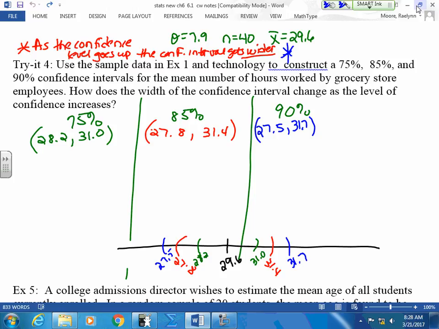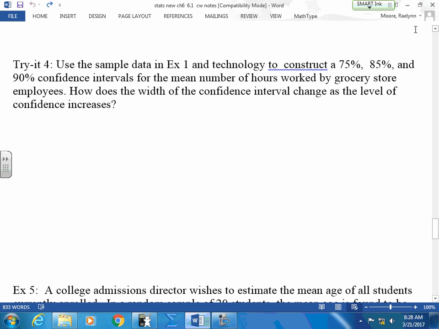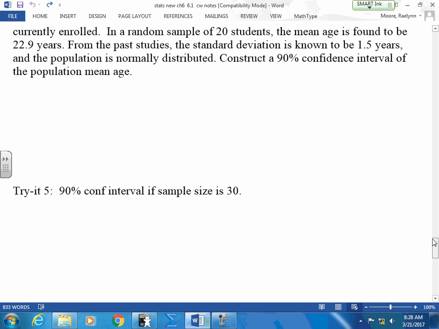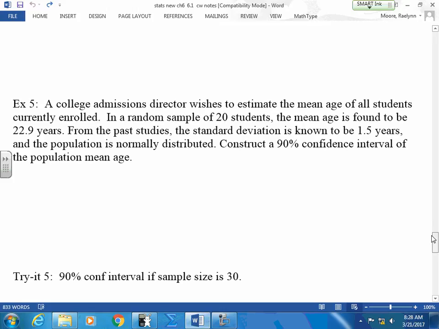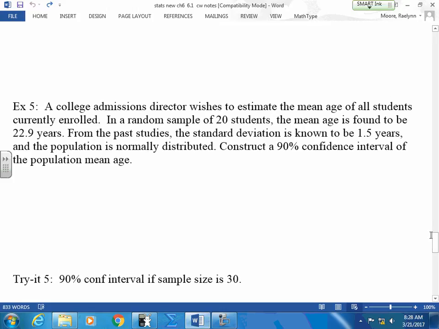Guys, try example 5. I want to do example 5. Let's do example 5. All right, we're going to do try 5 using this information.